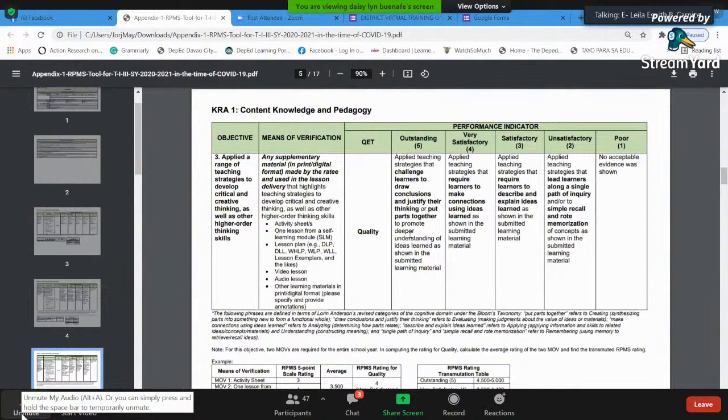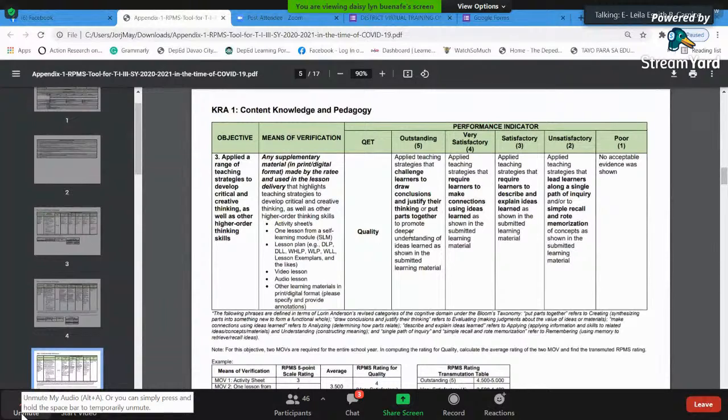Tagaan ka dito og two, ang imong rating. Or sa imuhang MOV, nakita niya nga puros activity sheets ang imong gihatag, ug puros low level of question ang sulod, tagaan lang ka og two.